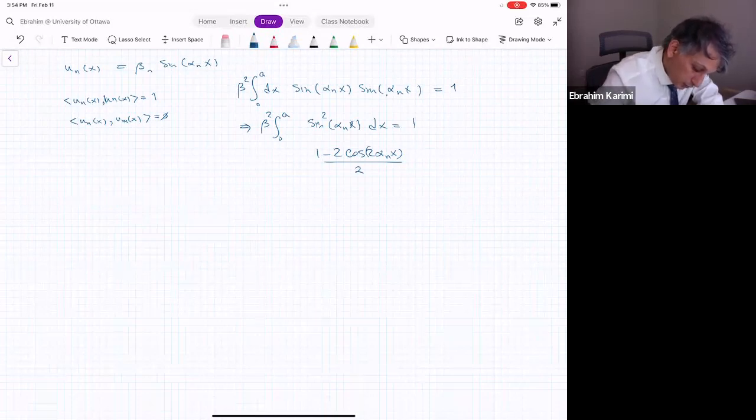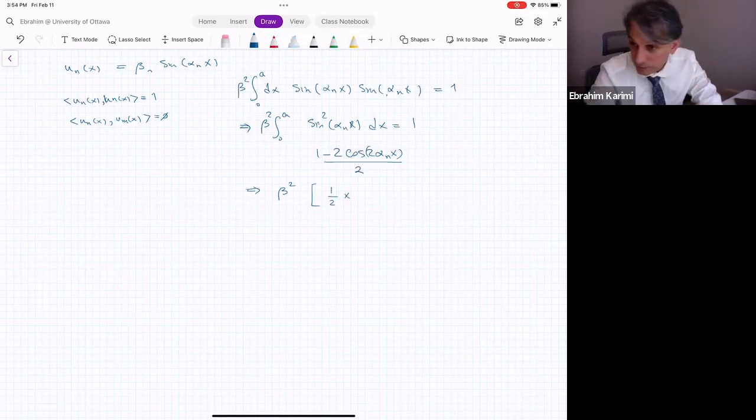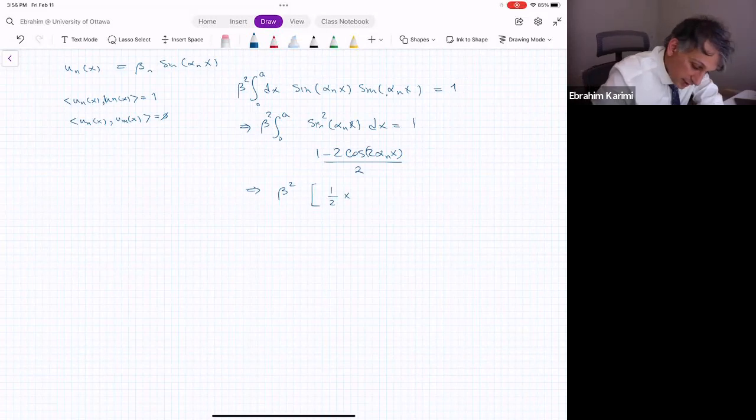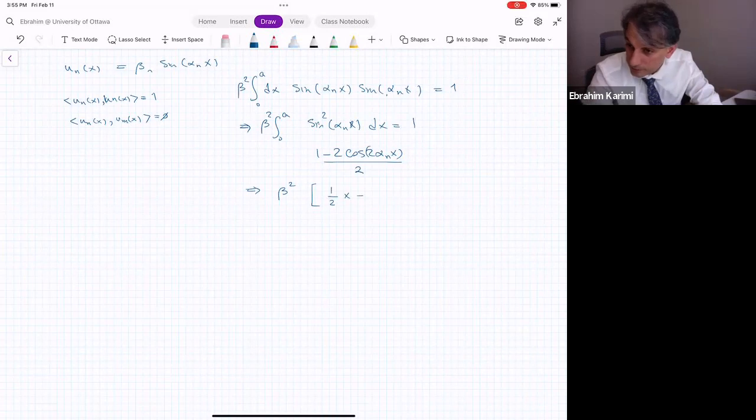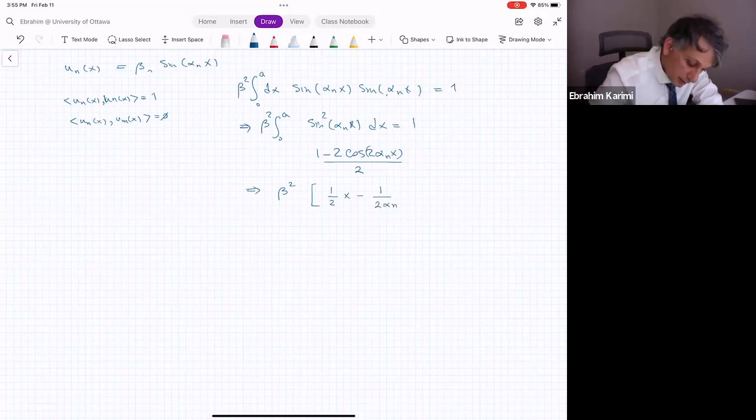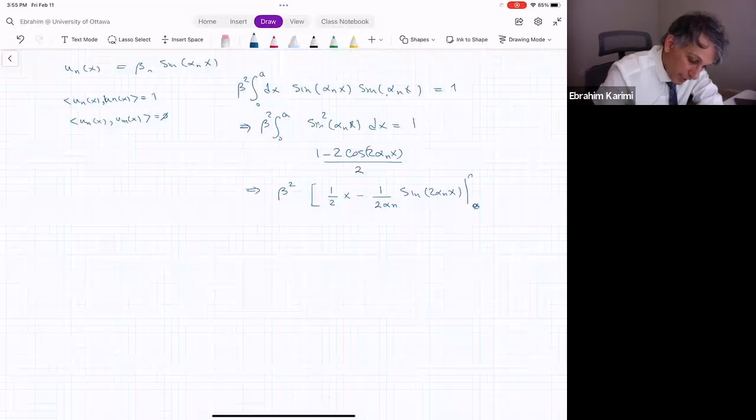Good. Now we do have beta power of 2. The first term is 1 divided by 2 of x over the domain. The second term, the integral of cosine, is 1 divided by 2 alpha_n sine of 2 alpha_n x from 0 to a, equal to 1.